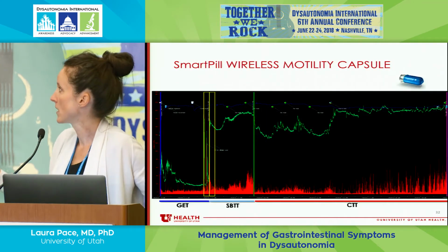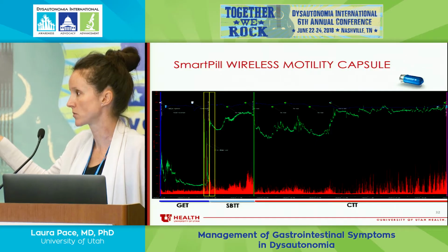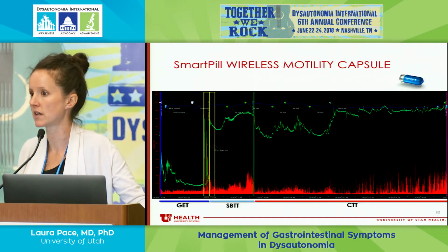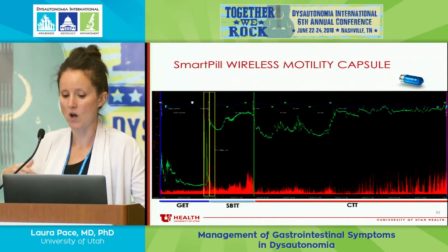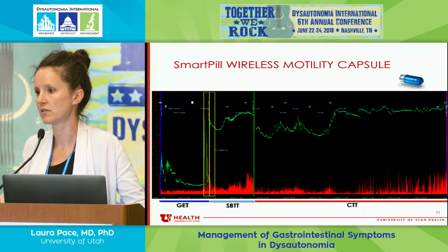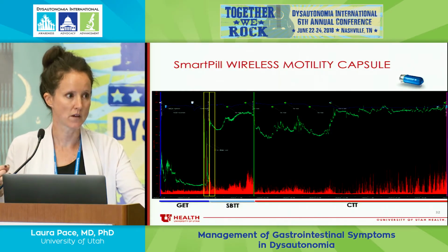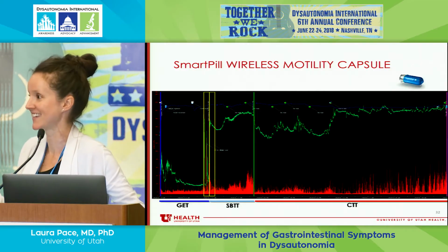So some of you may recognize this, but this is a tracing from the smart pill wireless motility capsule. Essentially you fast overnight, you present to the endoscopy suite, and you swallow a capsule, pictured above. It's a little bit bigger than a video capsule, which some of you may have had. It's quite big, but people managed to get it down.